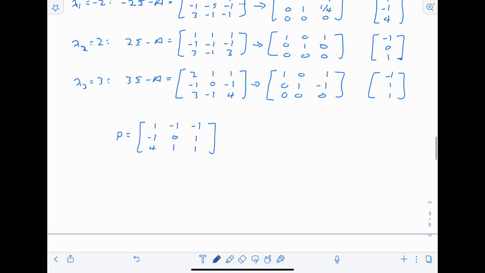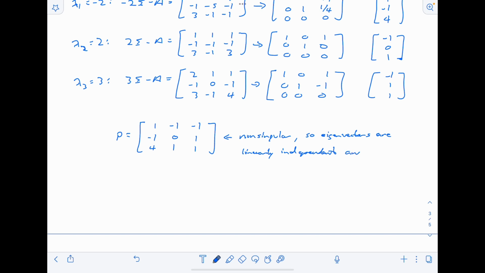And so at this point then, this is a non-singular matrix. And I'm not going to go through the process of showing that, but it is non-singular, which means that the eigenvectors are linearly independent.